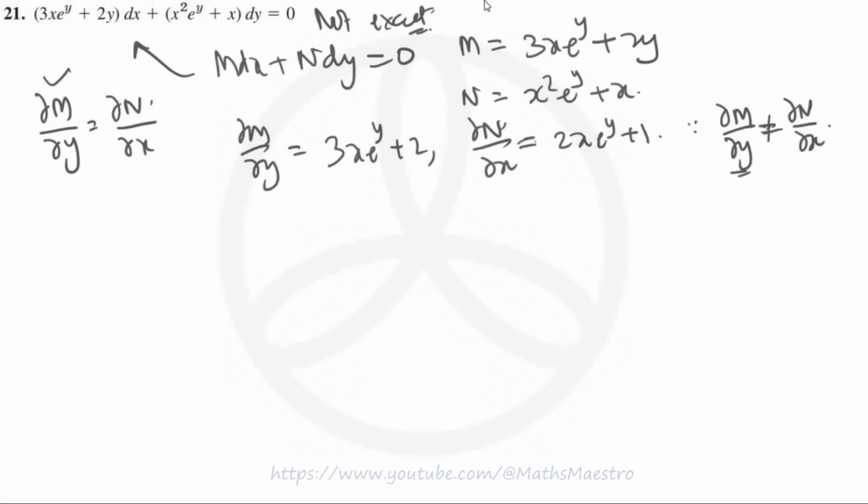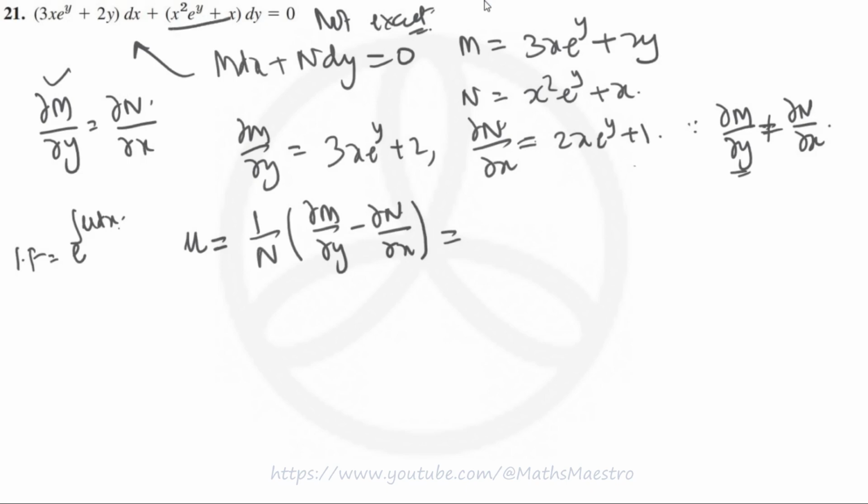Now we need to go one more step forward to find the integrating factor, and the rule to find the integrating factor for this kind of equation is, first of all, we will find mu, and the integrating factor will be e to the power integral of mu dx, where we need to find mu in terms of the variable x. This will be 1 by N times delta M by delta y minus delta N by delta x.